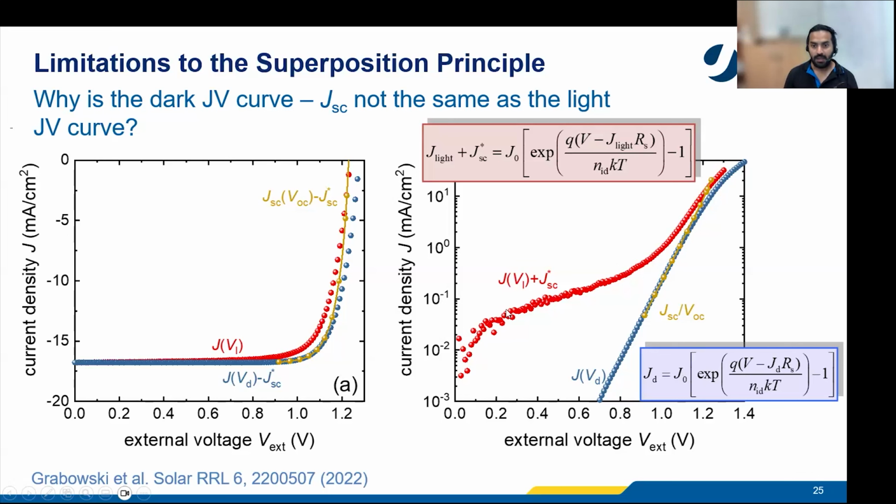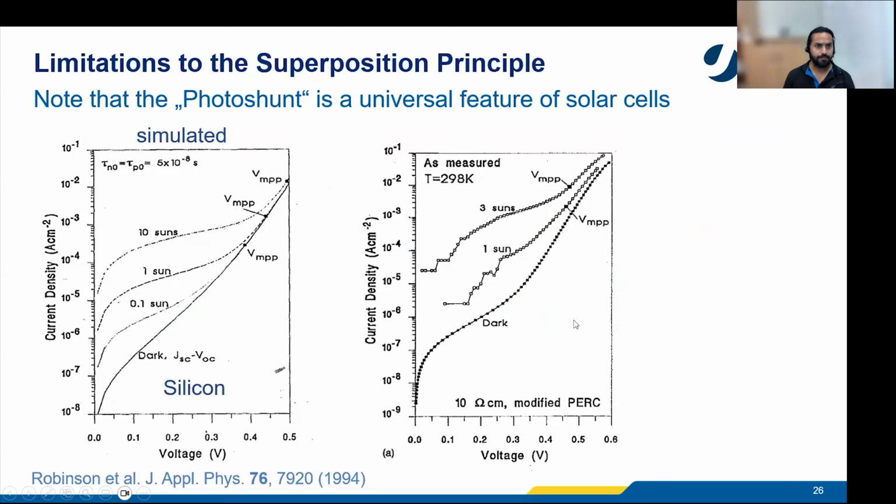This means a large quasi-Fermi level splitting, delta EF, which also means that you have more recombination, since recombination is proportional to the exponential of the quasi-Fermi level splitting. So this big difference between the internal voltage and the external voltage is the reason why there is more recombination, which means a lot of the characterization efforts also have to be focused on modeling recombination, not just close to open circuit, but also across the entire current voltage curve in order to account for all the losses that are happening in the solar cell.